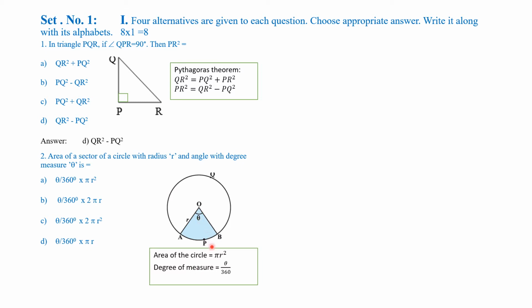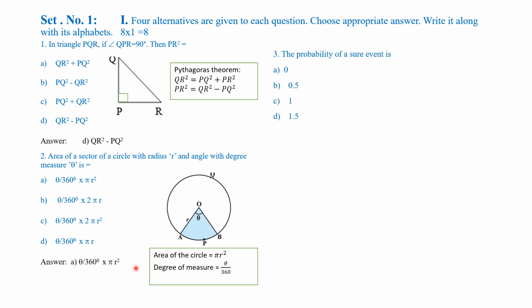Therefore, the degree measure is theta by 360. The area of the sector will be the area of the circle into the degree measure. Therefore, the correct answer is theta by 360 into pi r square. This option is available in A. Therefore, A is the correct answer.